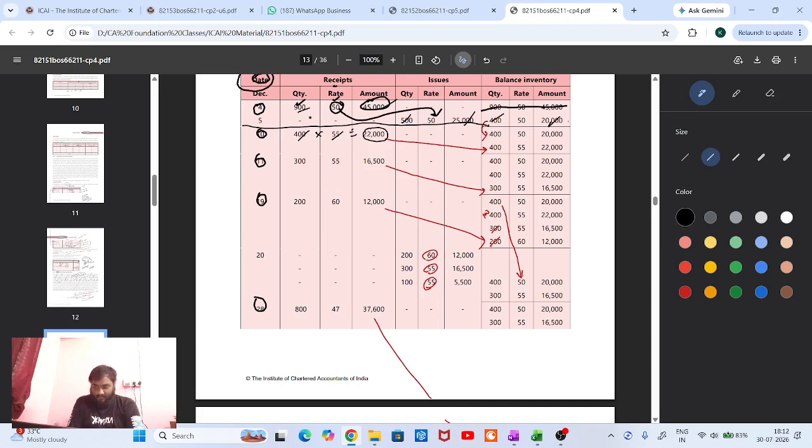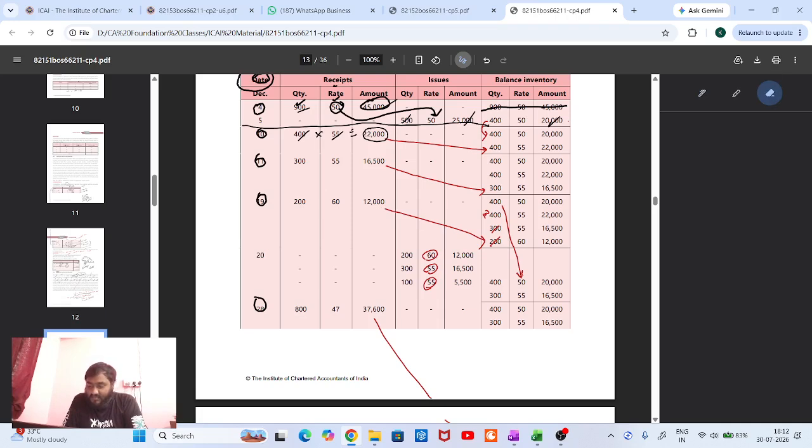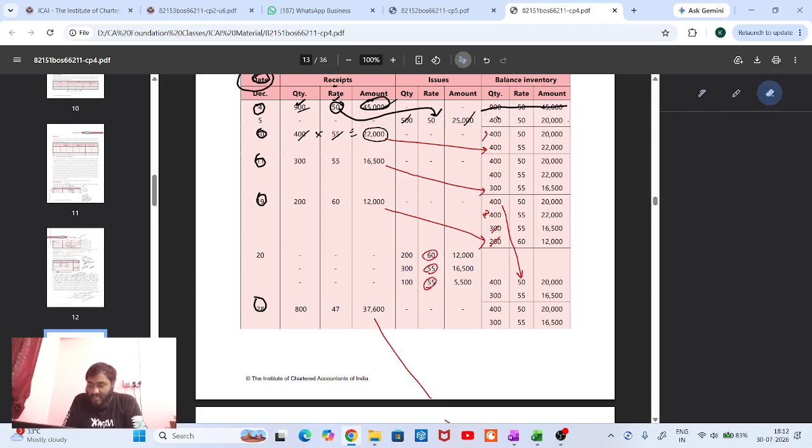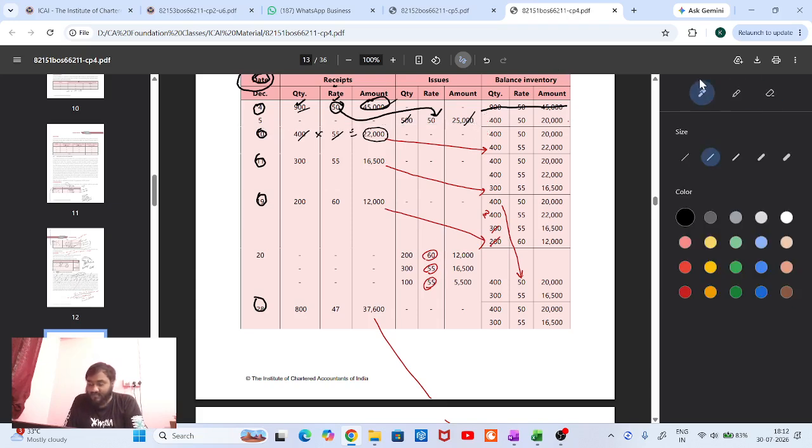Then here comes the question. The balance of the first transaction comes directly to the second transaction. Again, I'm telling you, do not get confused. The balance of the first transaction comes to the second transaction, and the third transaction value goes directly beside, because the rates are different.